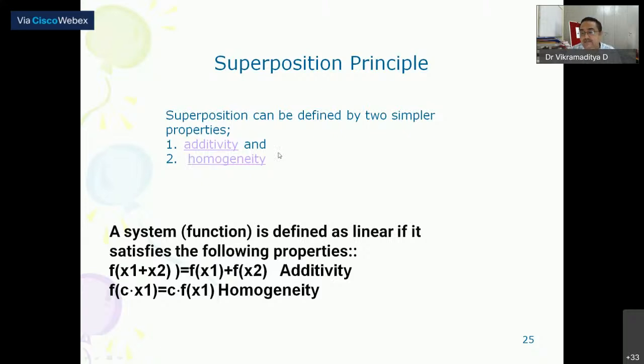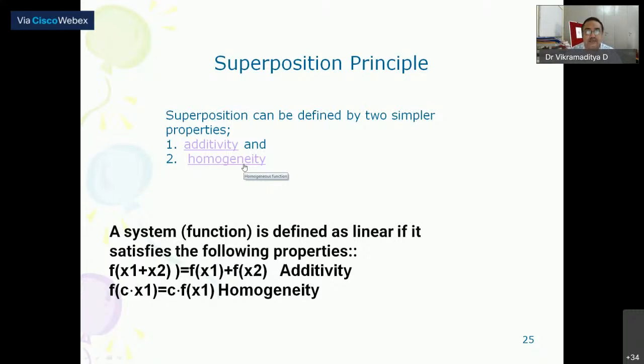Generally students make the mistake that they simply verify one property and say it is linear. No, in order to obey the principle of superposition, it should obey the principle of additivity and the principle of homogeneity. So both additivity and homogeneity are to be obeyed in order that the element may be called as obeying the principle of superposition.